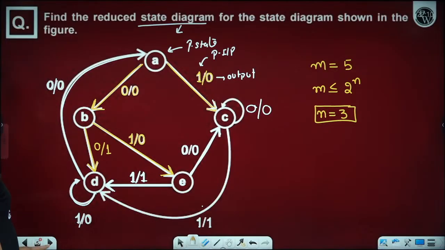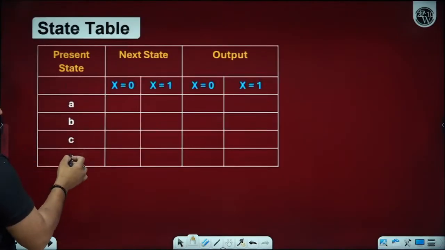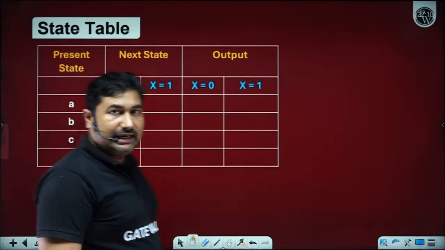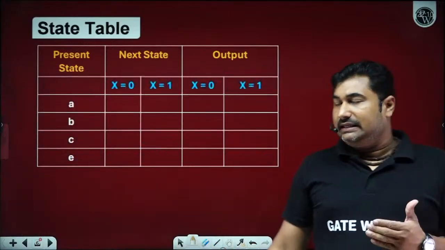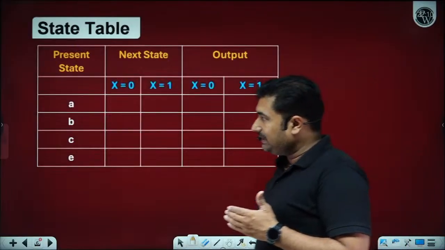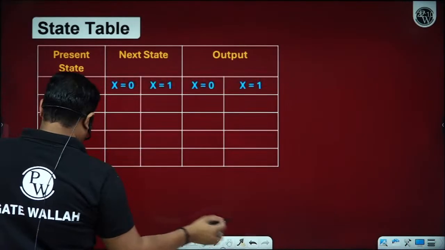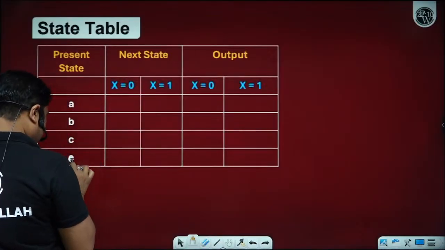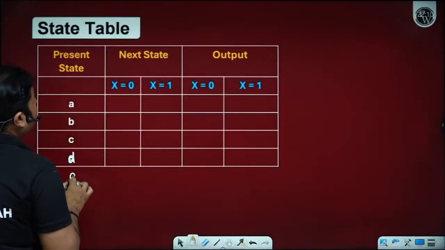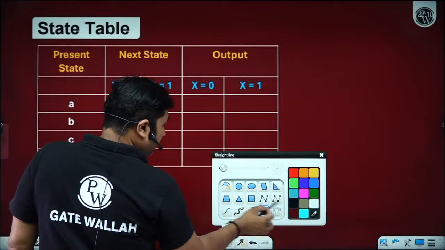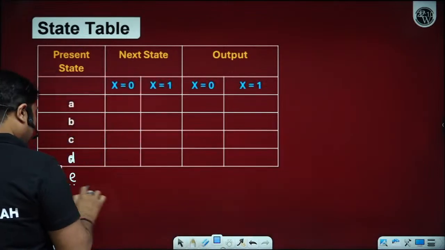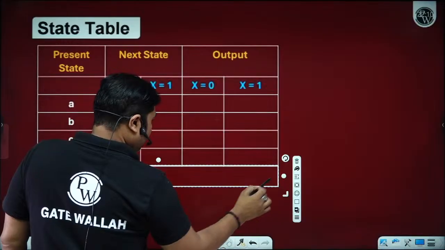Now please observe here. The present states are A, B, C, D and E. We have a total of 5 states given.